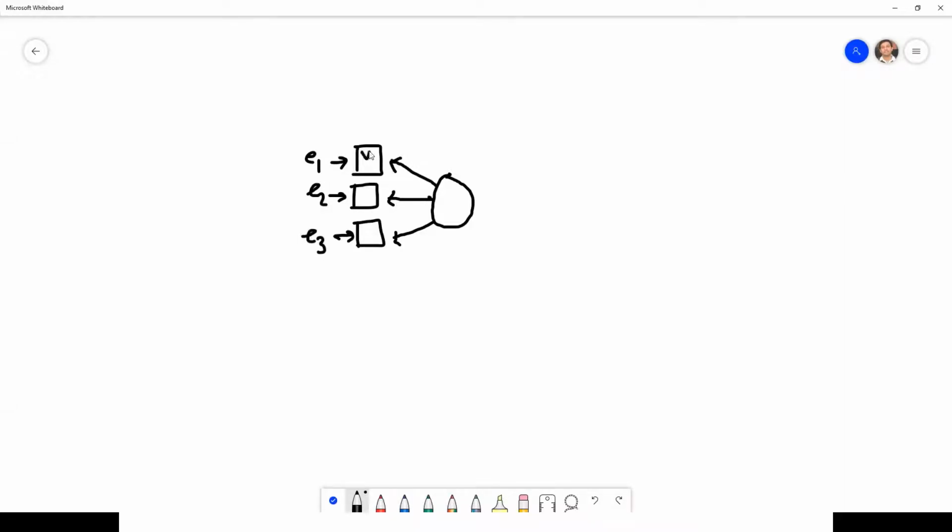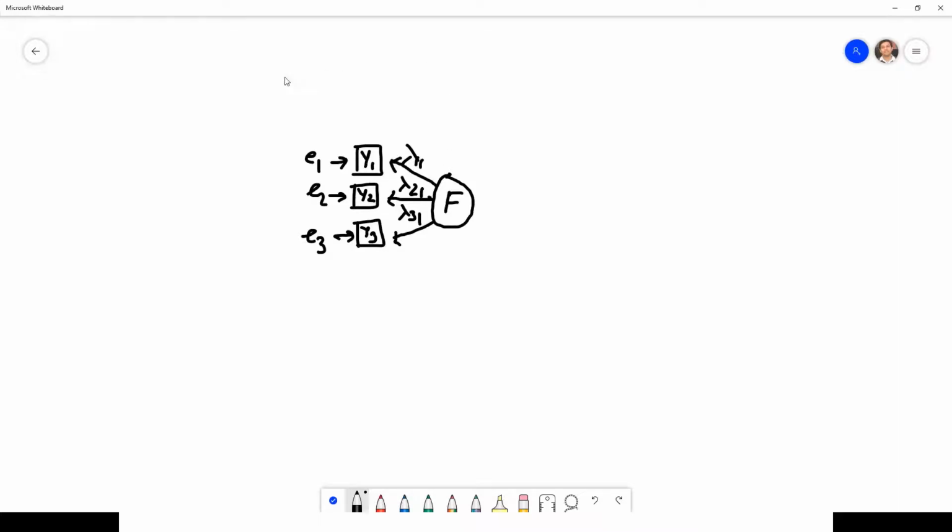This is the terminology: Y1, Y2, Y3, and this is lambda 1 1, lambda 2 1, and this is lambda 3 1, and this is some latent factor F.